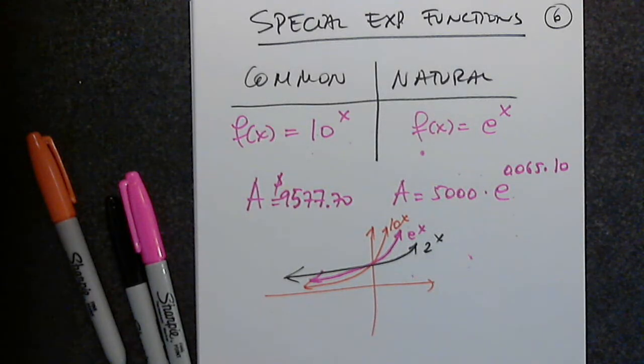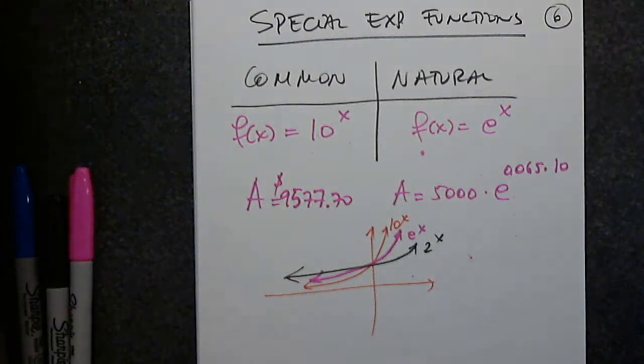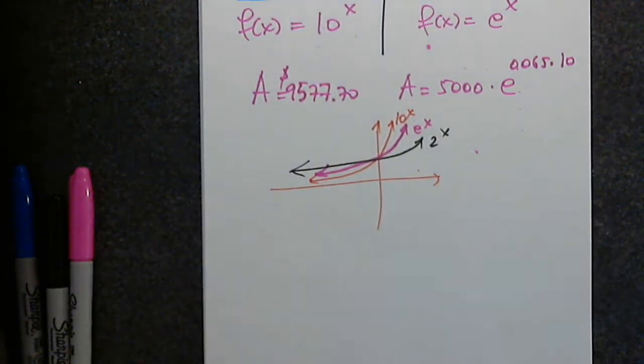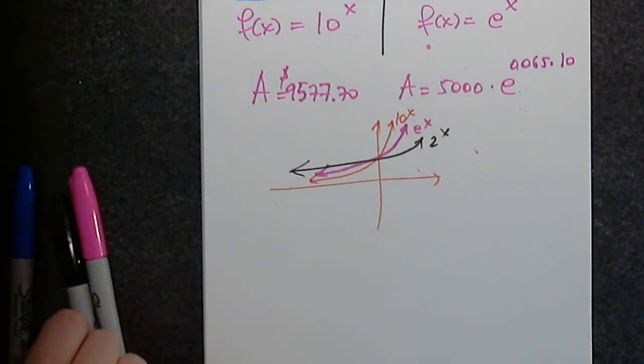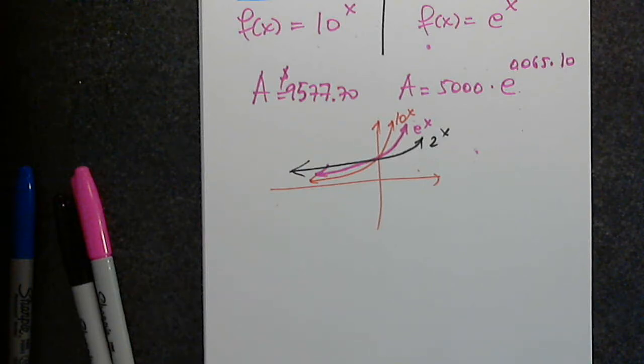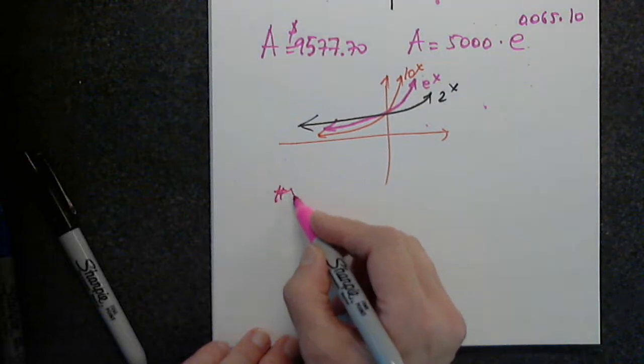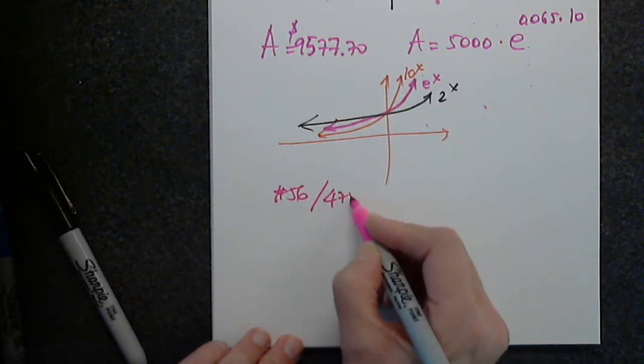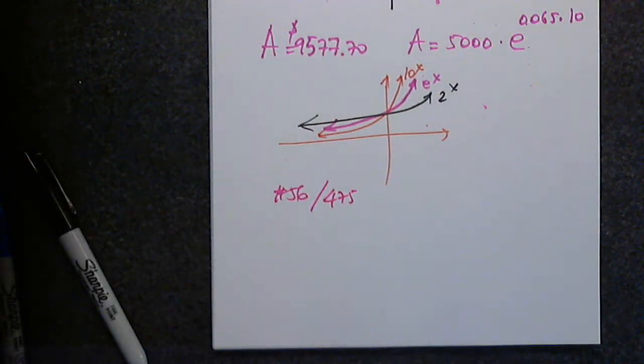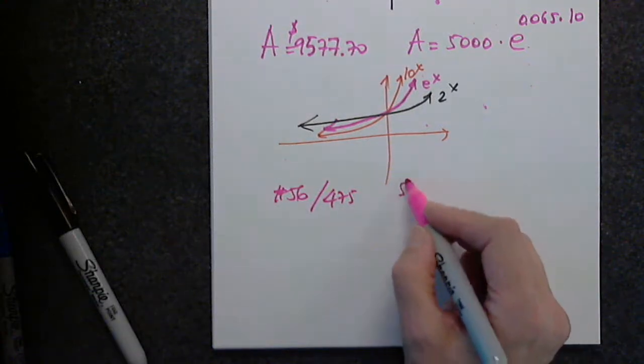Okay, very good. I would like also to look at a situation like problem 56 on page 475. Garrett had a wonderful idea. Let's read the problem. Suppose that you have $6,000 to invest.